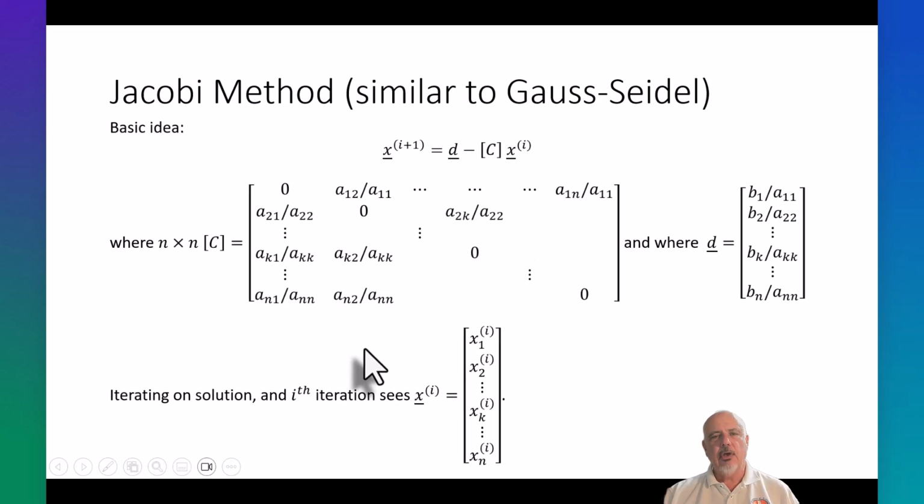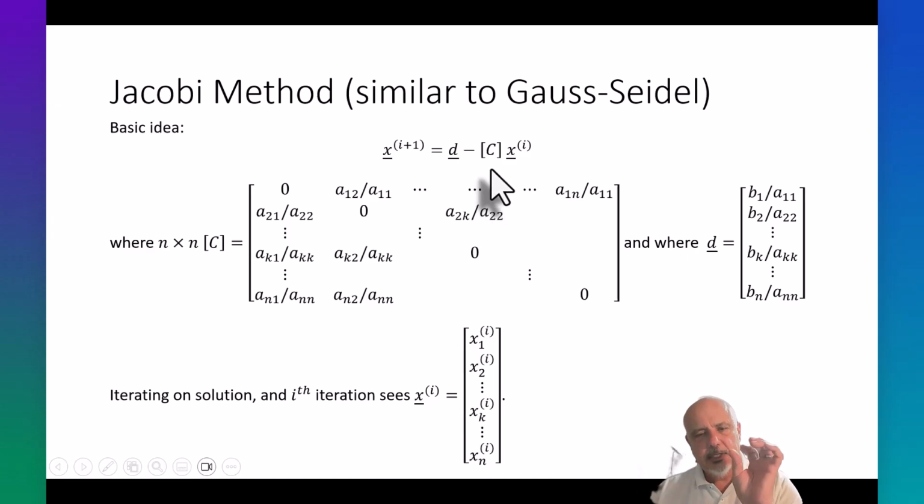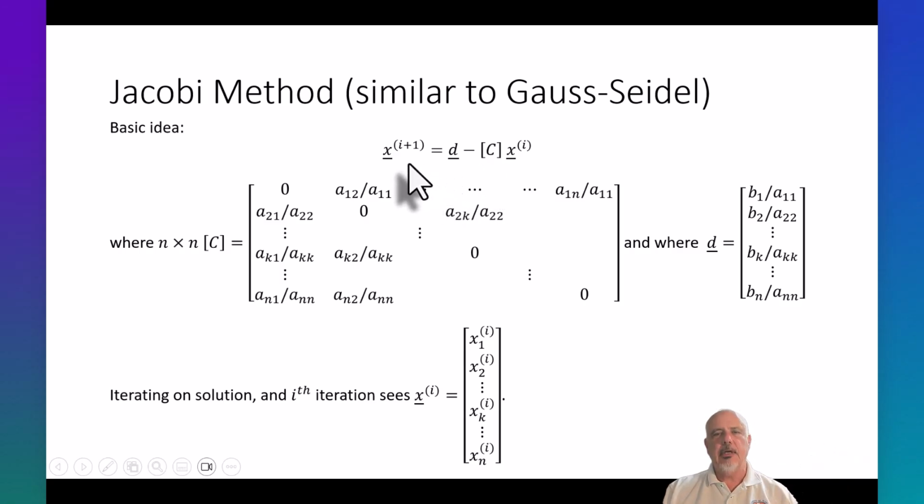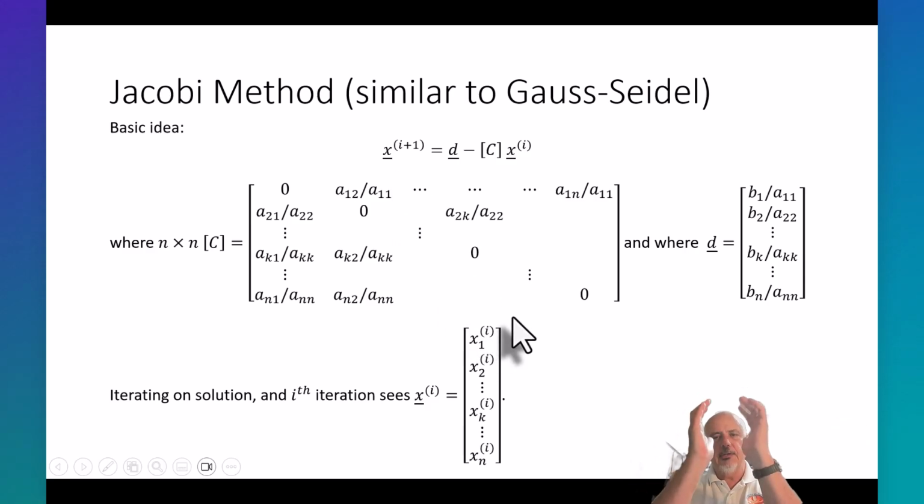You can solve for these using, this is actually Jacobi, a little bit of a special representation of Gauss-Seidel, where you get a d minus a C times the current x iterate, and that will give you the next x iterate column vector, right?